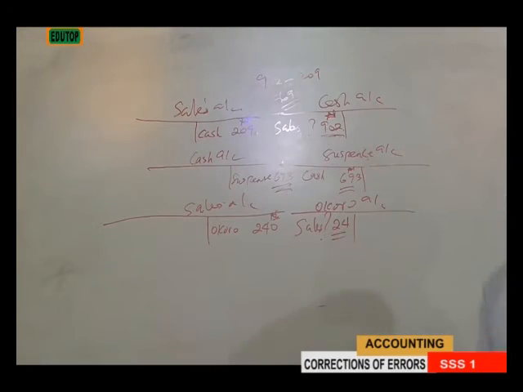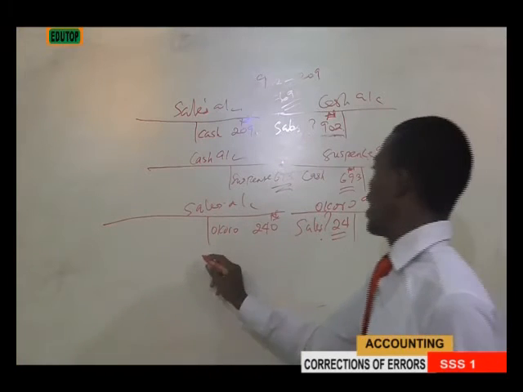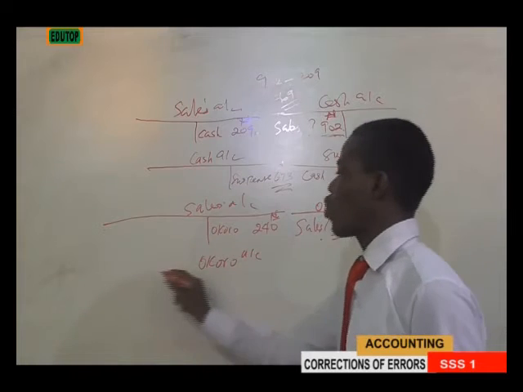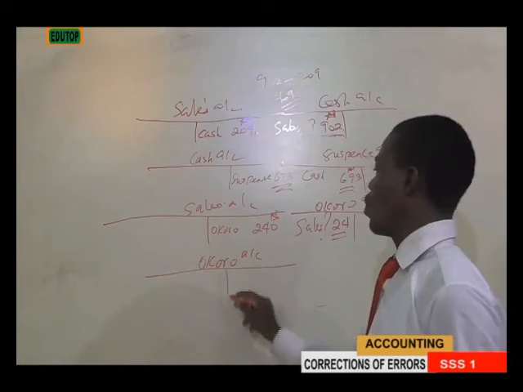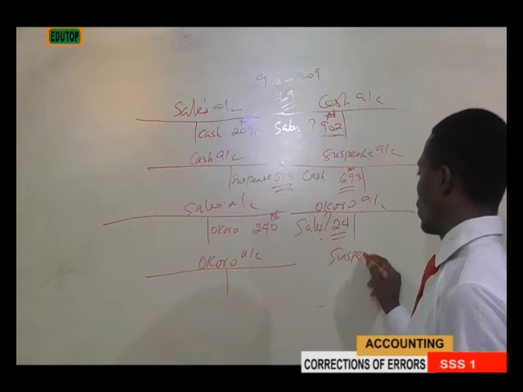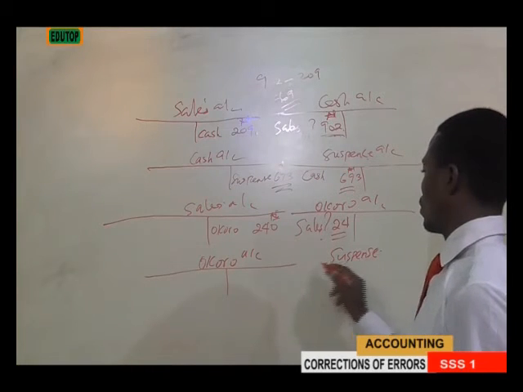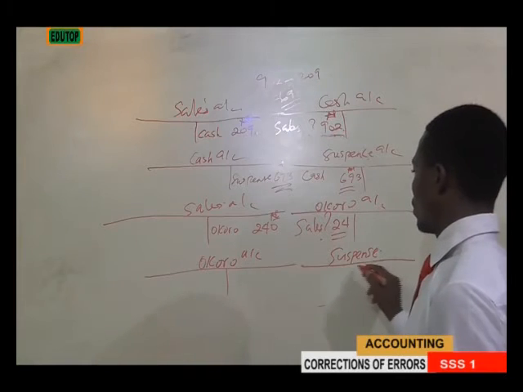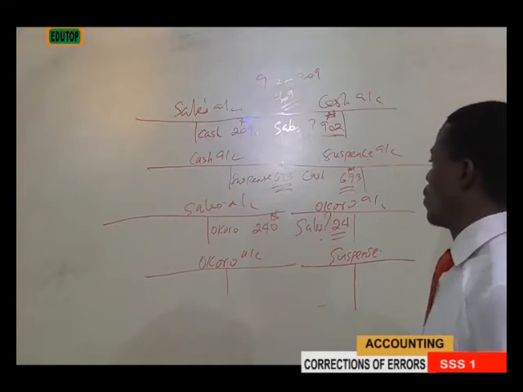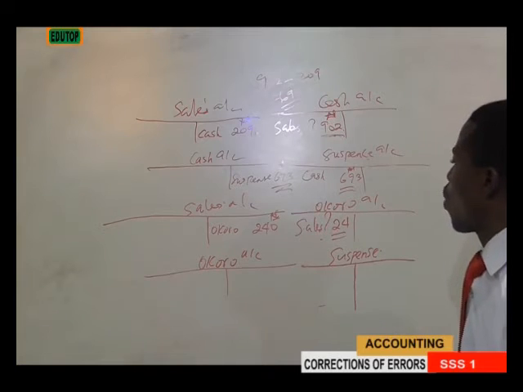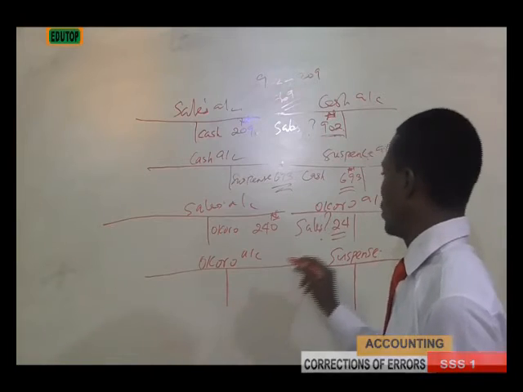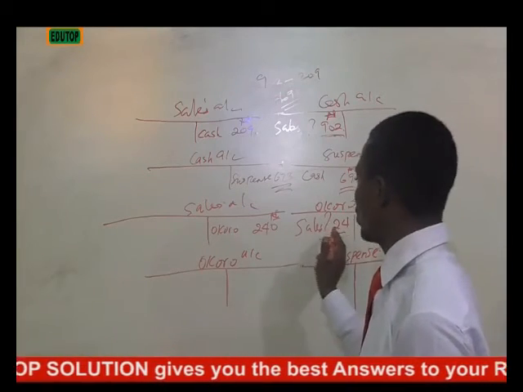Now, what you now do is that you prepare Okoro's account to correct the error, Okoro and the suspense. So what you now do is that you add Okoro account, which is 240.